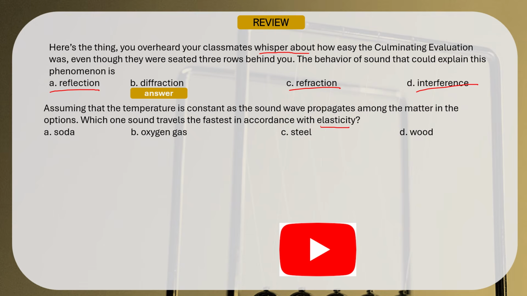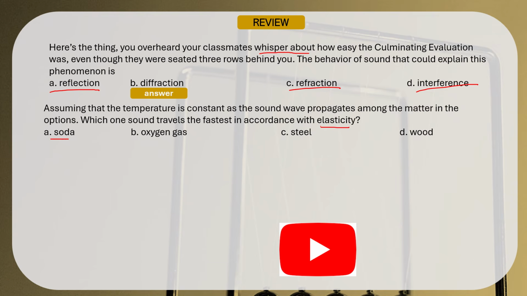Elasticity is the property of a certain matter that is described as how easily it can go back to its original position. The atoms will be disturbed and then go back easily to their original position.